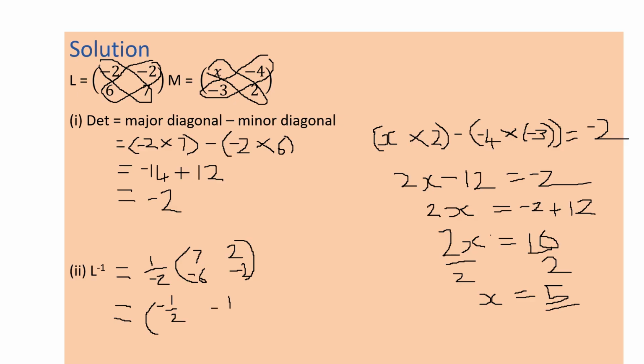Then here when you multiply 1 over -2 by -6, you're getting 3. And here 1 over -2 multiplied by -2, we are going to have +1.